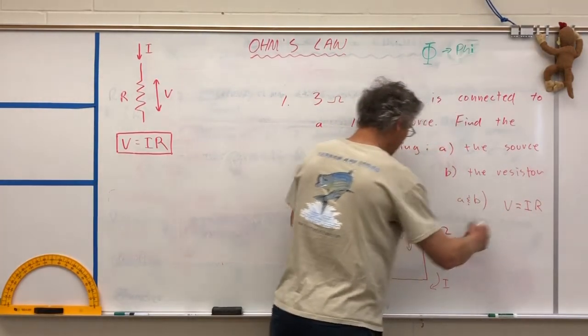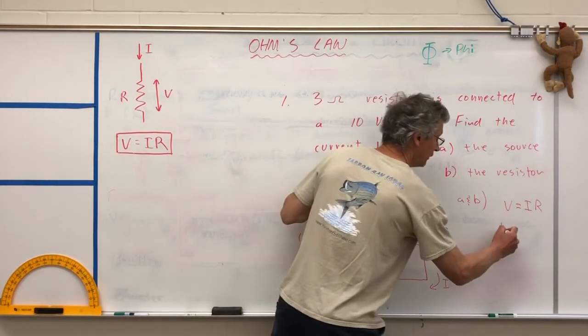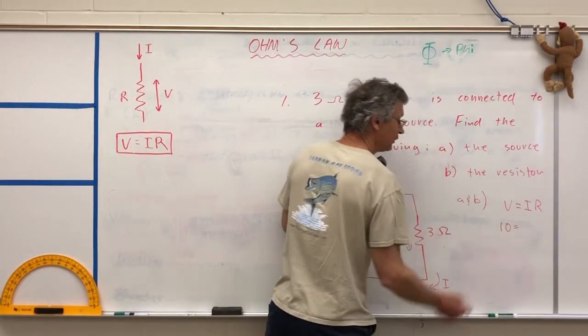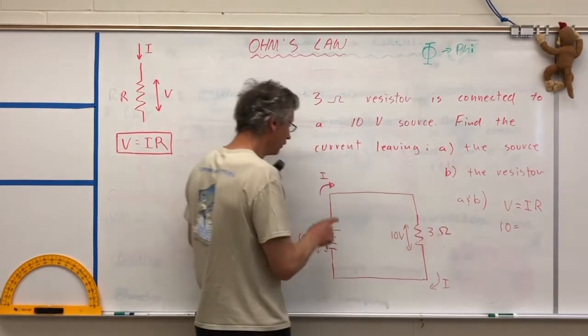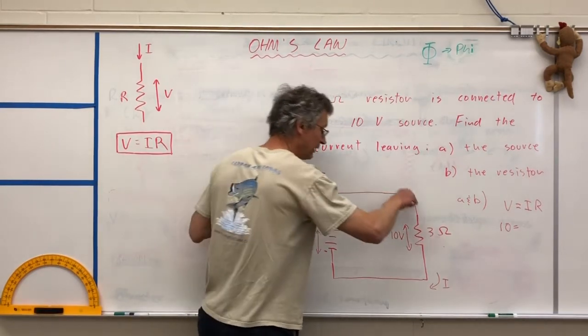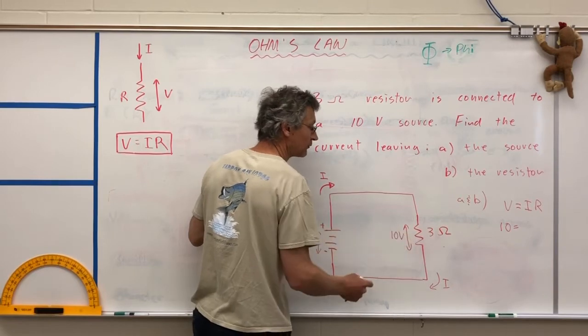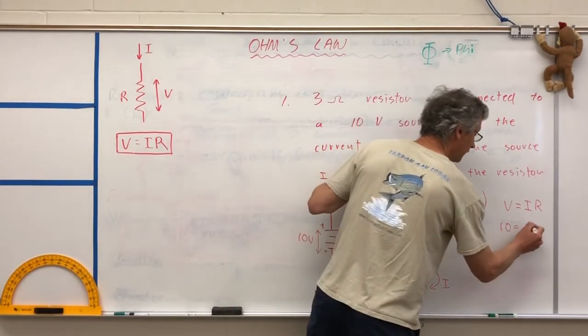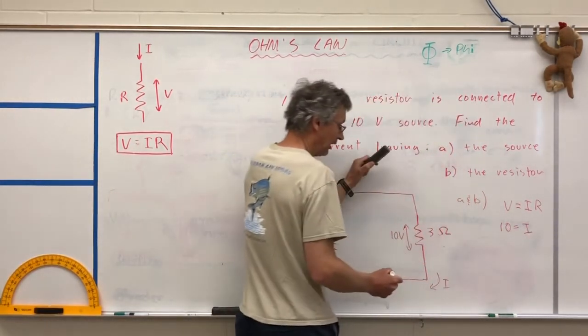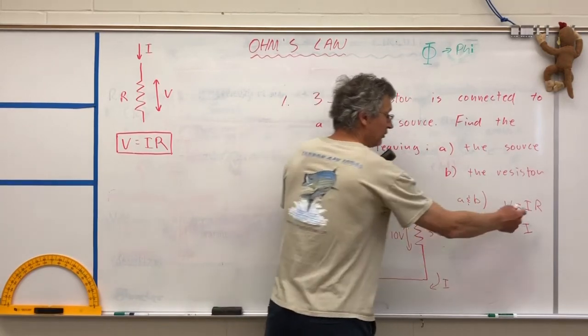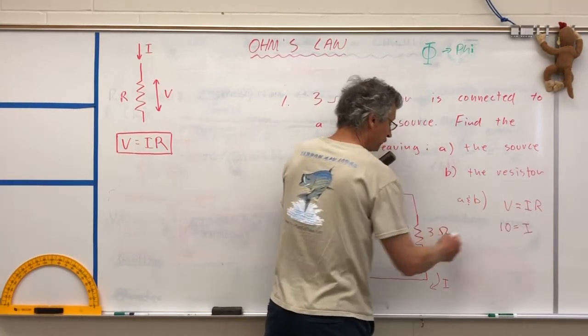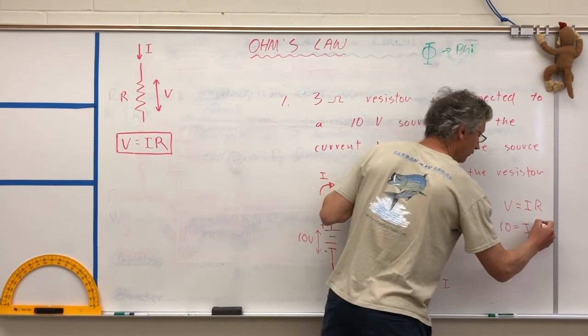The potential decrease, which is equal to 10 volts, is equal to the current through the resistor. Well, that's what we're interested in, right? We want to figure out the current through the resistor. And then you got to multiply by the resistance itself, which is 3 ohms.